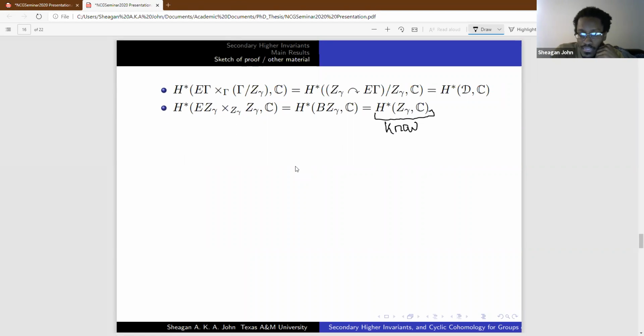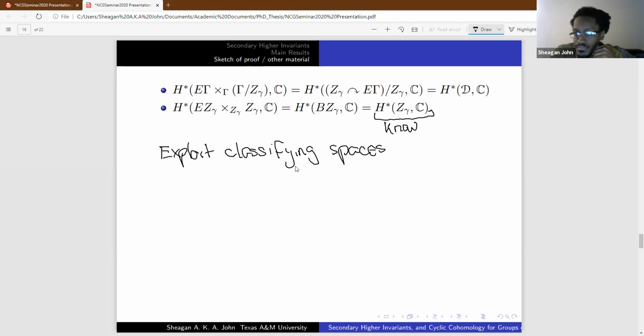And so what we want to do is exploit classifying spaces. So we work from one end and say, well, we can write our group cohomology in terms of the topological singular cohomology of our classifying space for this group.